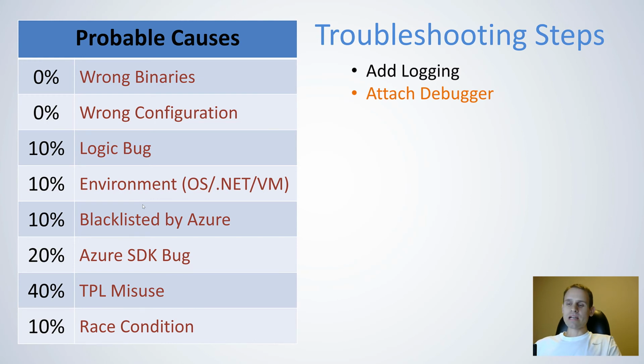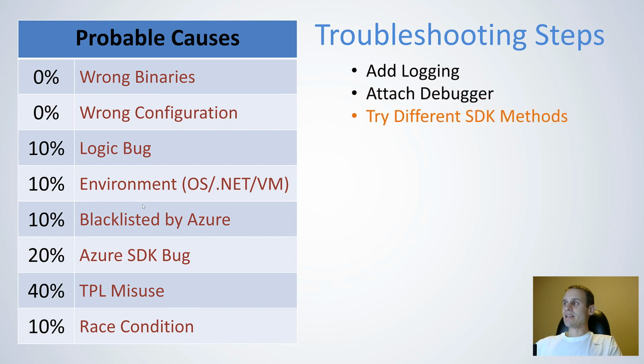And the way that I had this polling thread functioning, I deduced that it was maybe misuse of the task parallel library. So maybe I was starting this thread in a way that wasn't ideal.